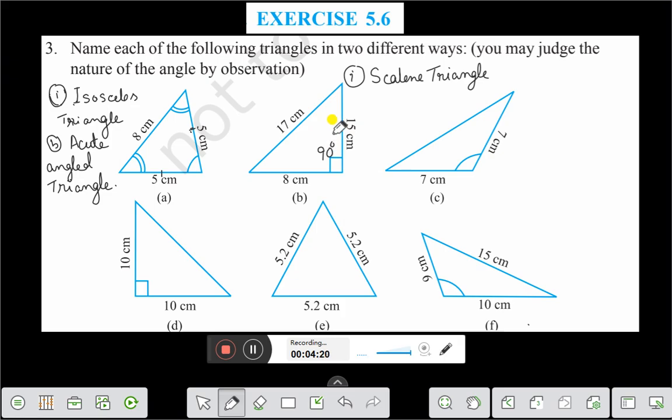Now, in this triangle one angle is 90 degree, therefore it is known as right angled triangle according to naming of triangle according to angle. It is known as right angled triangle.